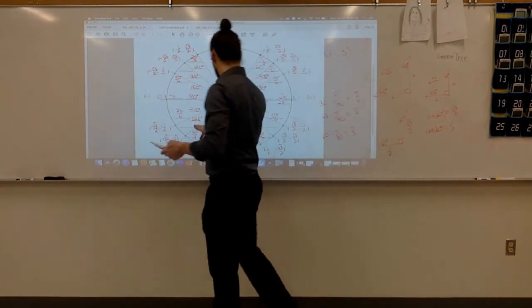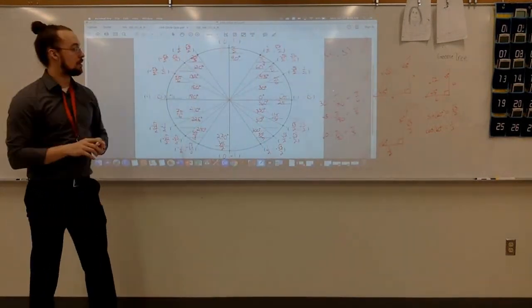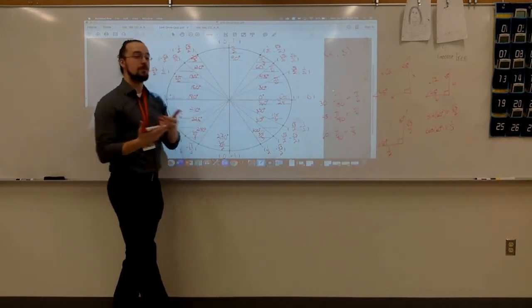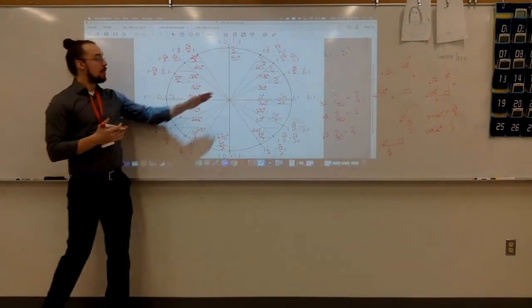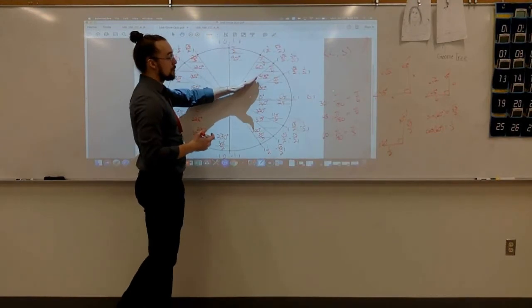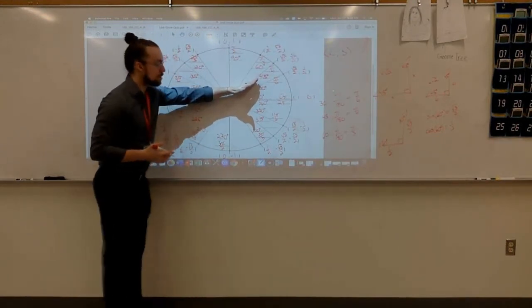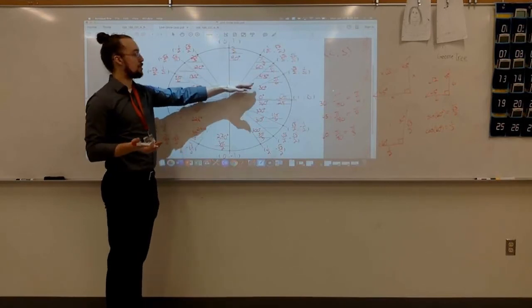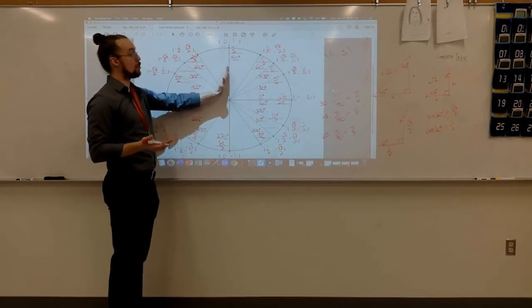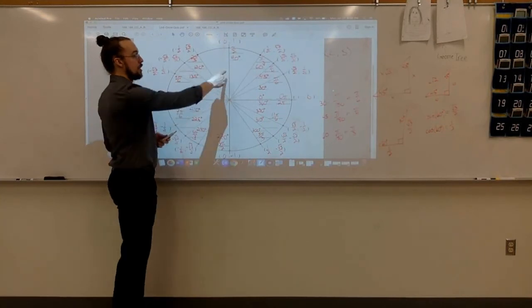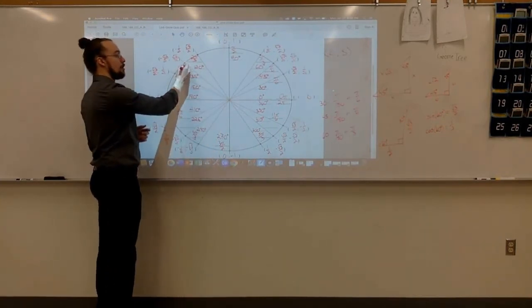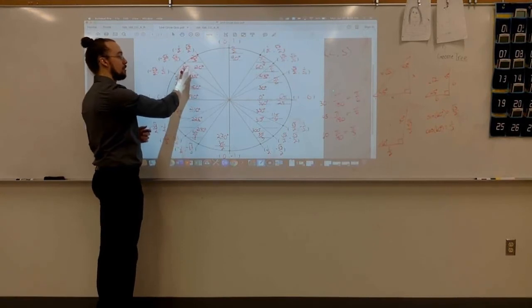Then, to fill in the few that we're missing, we want to think about our pi over 4, or 45-degree increments. I know that my first 45 is pi over 4. If I go 2 pi over 4, 2 times 45 is 90, so 2 pi over 4 is pi over 2. Then another 45 would get me to here, so that would be 3 pi over 4.